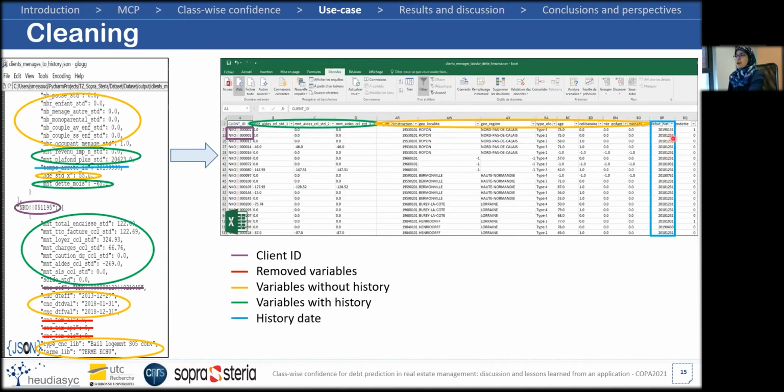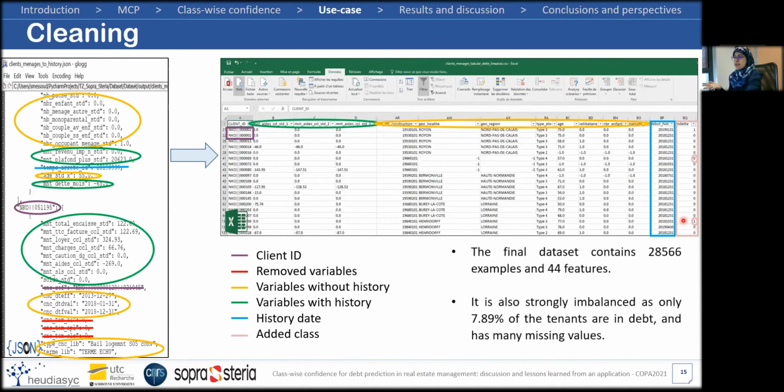Then we also keep the history dates: the first date that we took for the 3 months, we keep in a column. And finally, we have our added class, with zeros and ones for people being in debt or not in debt. So this final data set has approximately 30,000 examples and 44 features, and it is strongly imbalanced and has many missing values.